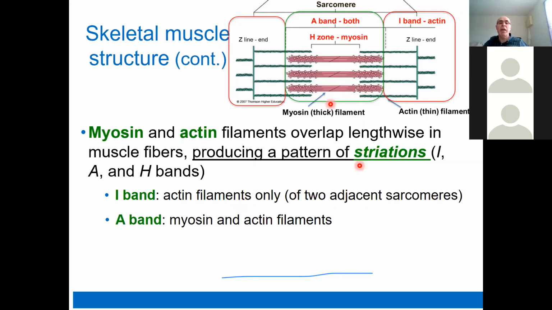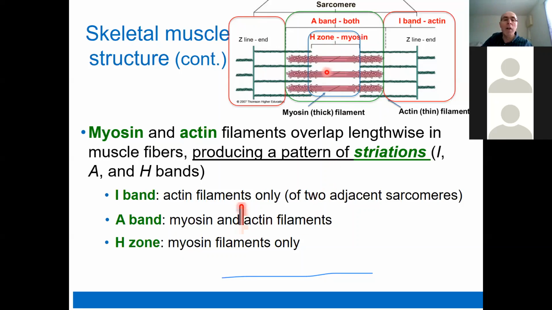Myosin and actin filaments both together make the appearance of the muscles' A bands, and H zone, as you see here, H zone includes only myosin filaments, okay, which is a blue circle. H band only myosin.